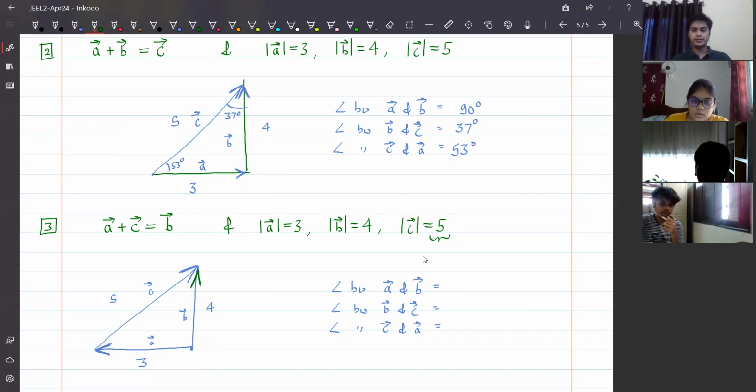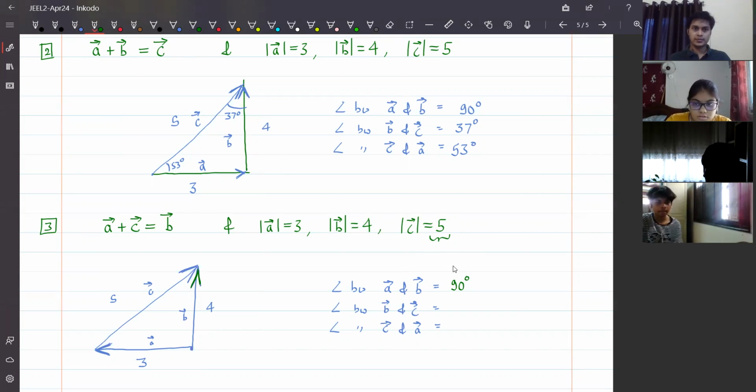Only C can be the hypotenuse. What's the angle between A and B? 90 degrees, correct.